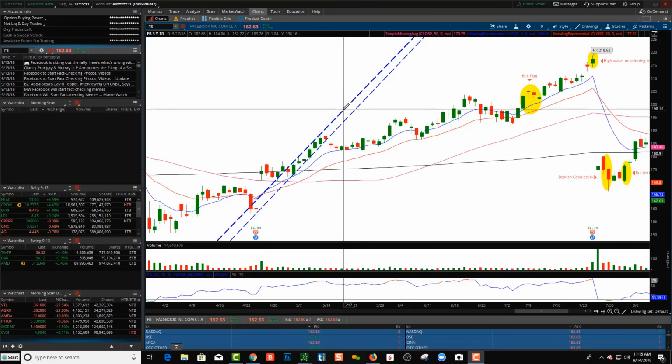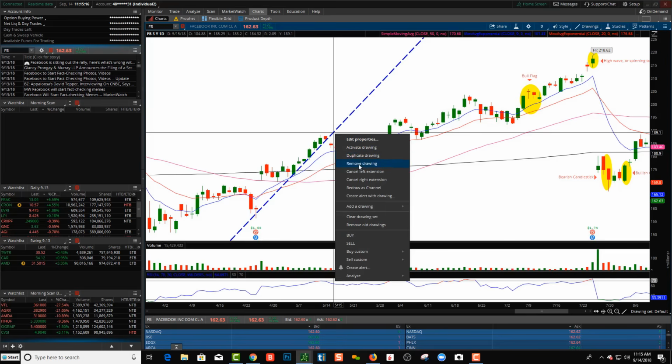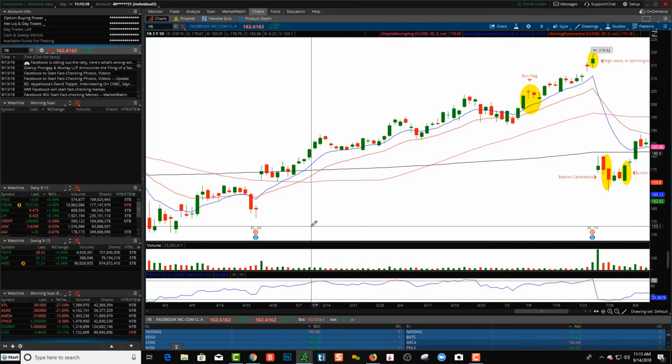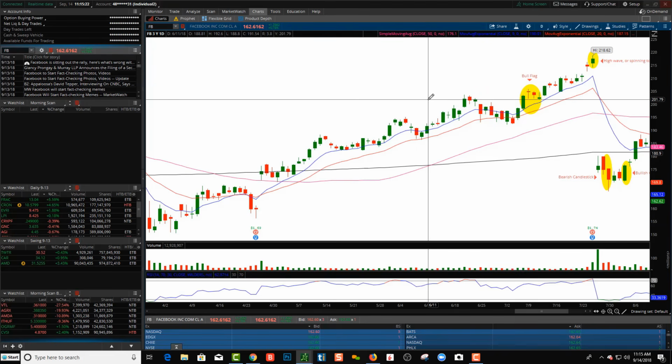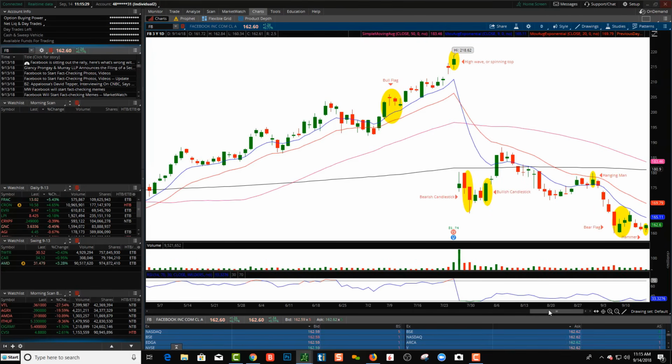Again, there are so many different ways to look at these patterns. Again, moving average lines, RSI, MACD, TTM squeeze, whatever indicator you want to use. All of those are add-ons, and many of them are lagging indicators. Candlesticks are most important.